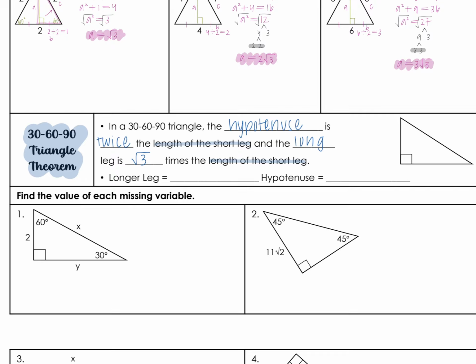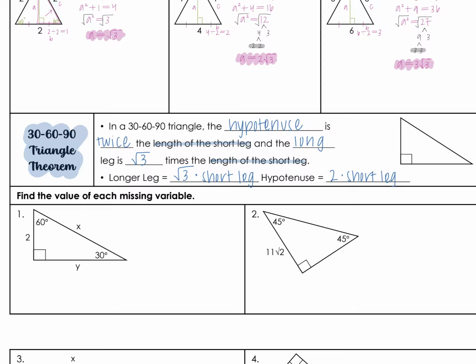Okay, so just writing this out, we have our longer leg is root 3 times my short leg. And then my hypotenuse is 2 times the short leg.